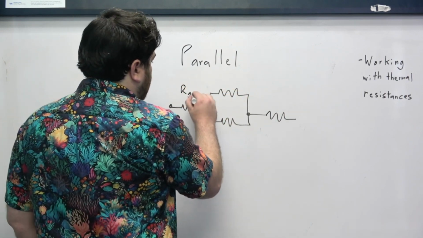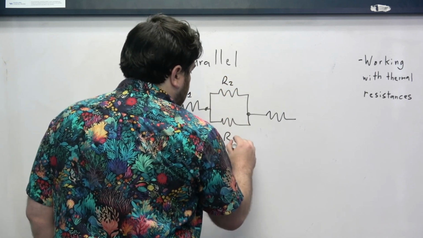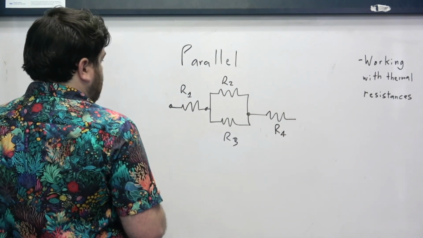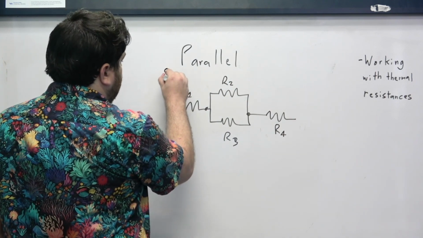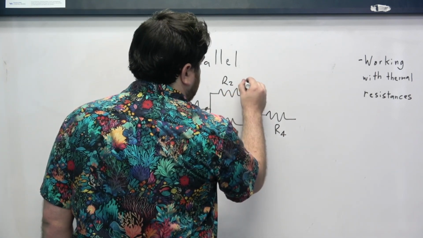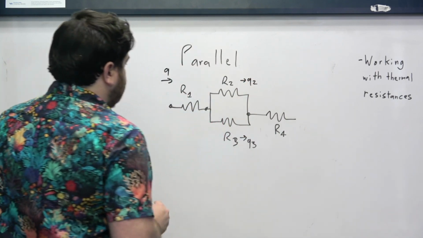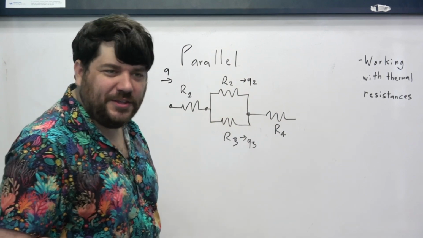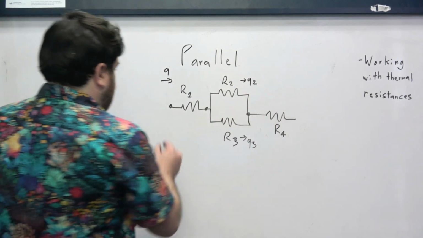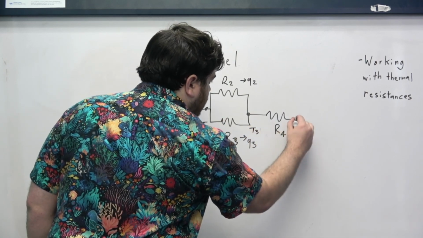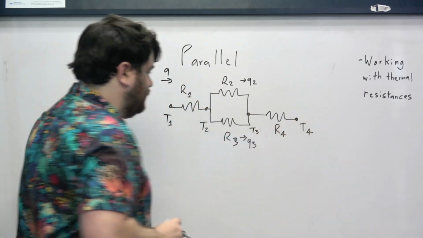Let's say this is R1, say this is R2, R3, R4. Let's assume that there's a Q coming in through here, which splits off into a Q2 and a Q3, and then combines back again into a Q, all right?